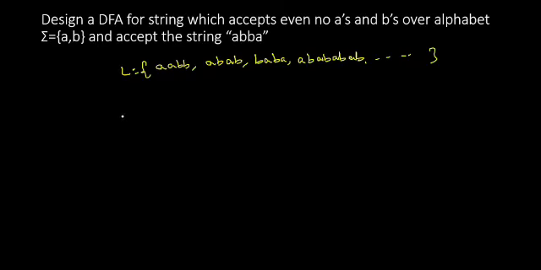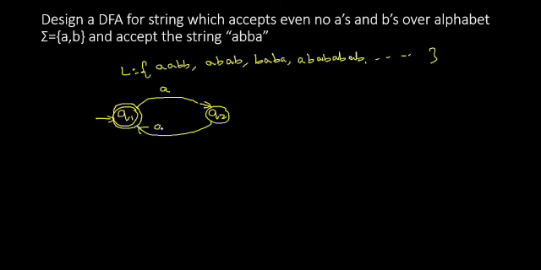Now in this case we will have Q1, and then Q2. Let us assume I am going this way. Let us make this Q1 a final state. When I give the first A, it goes here. When I give the second A, it comes back.